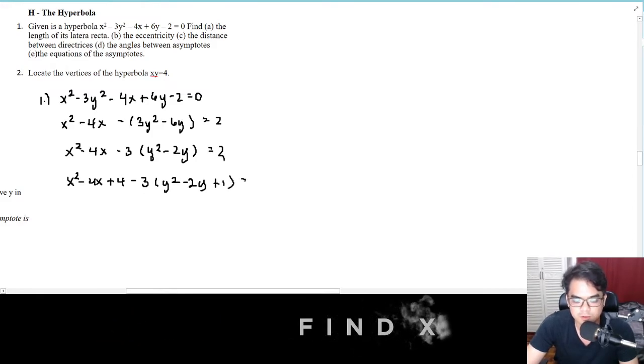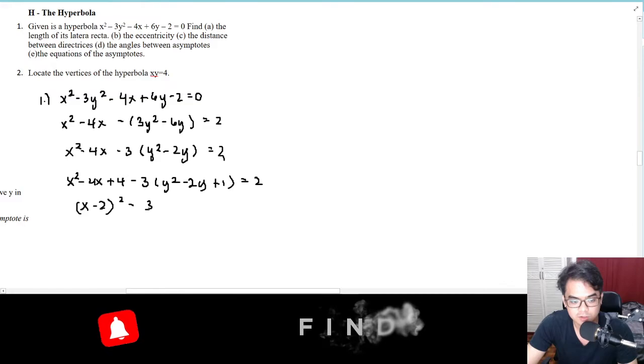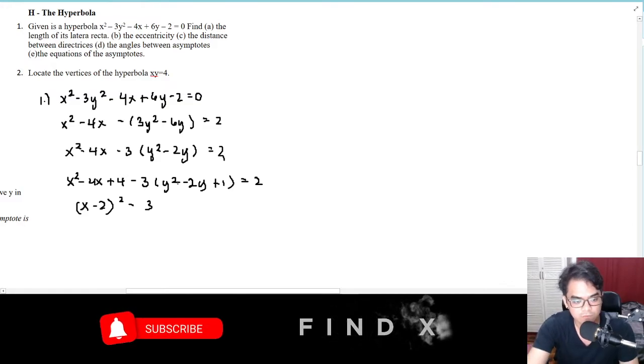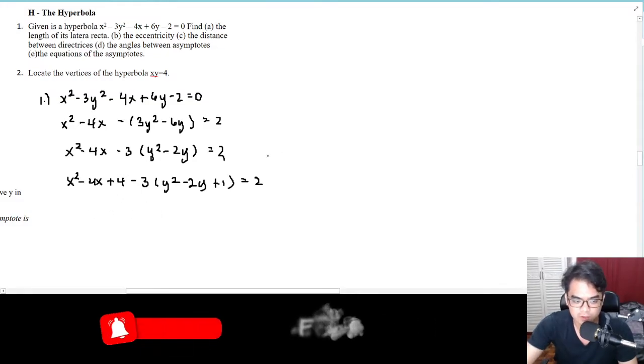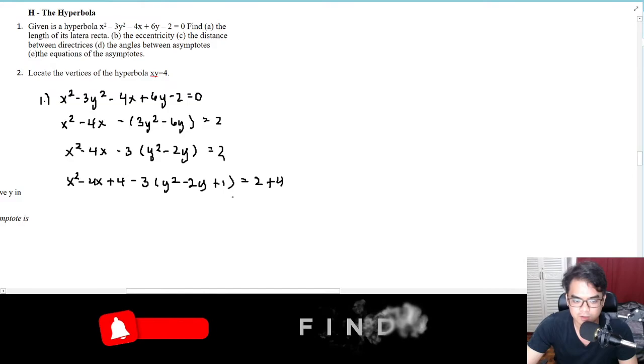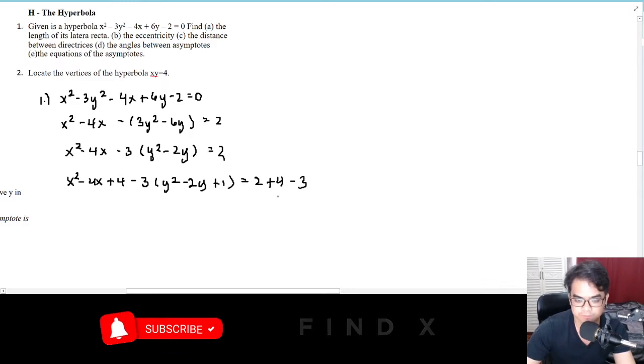Equal to 2. And then you'll have here, this is x minus 2 squared. And then this is minus 3. Actually, I forgot to add on the right side. So I still have to add here plus 4 and then minus 1 times negative 3, right? So minus 3.